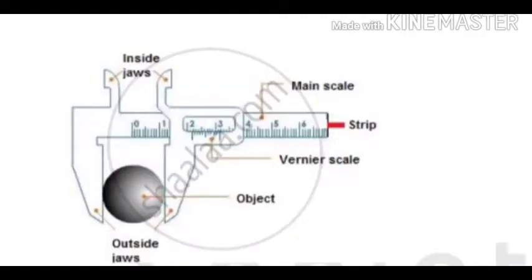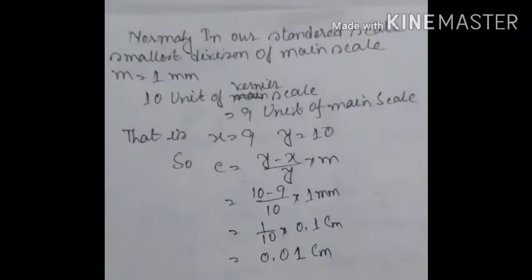With the help of this formula, we can find the Vernier constant of the scale used in our practical lab. Normally, in the standard Vernier scale we have used, the smallest division of main scale is equal to 1 millimeter.